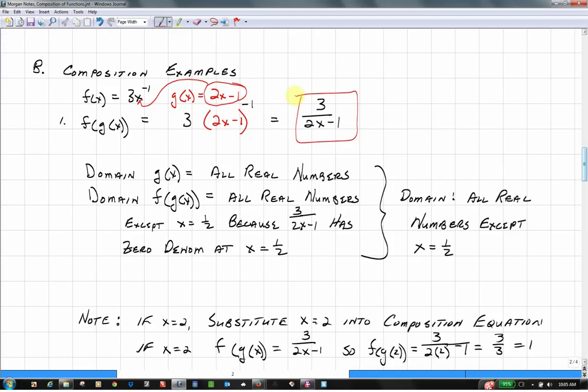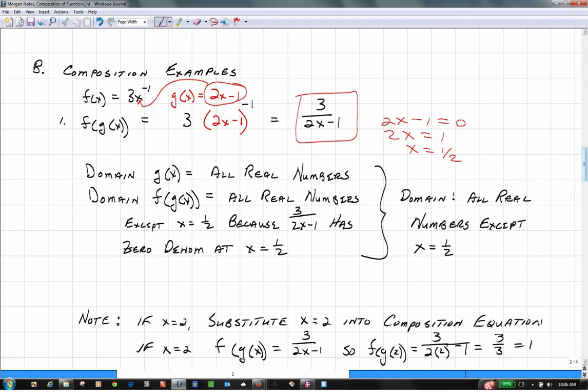So we need to find whatever value of x is going to make this denominator equal to 0. So I set up that this can't occur: 2x is equal to 1, x is equal to 1/2. If I put a value of 1/2 into the denominator, it goes to 0. So I can't have x equal to 1/2. So my domain would be all real numbers, because that was the domain of g of x, except x equal to 1/2, because that makes the denominator go to 0.